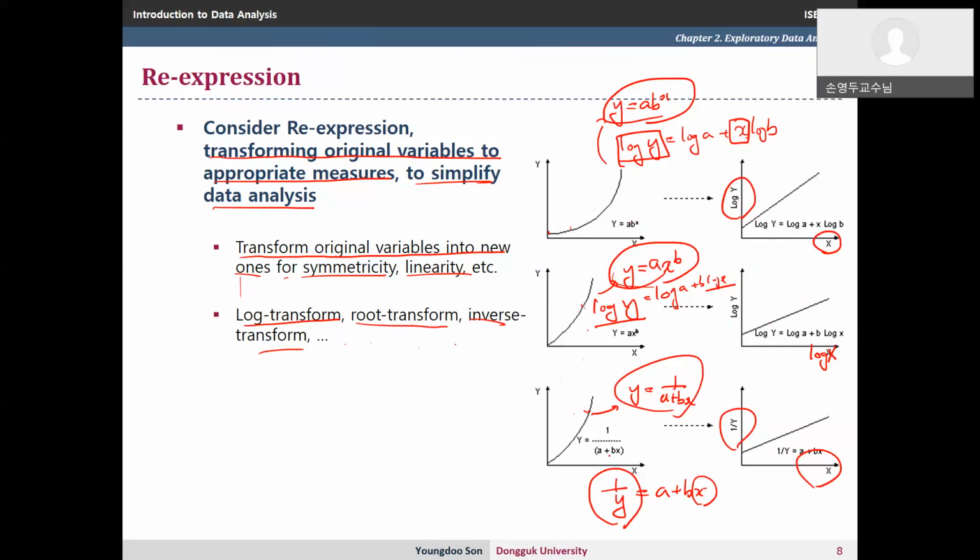And for the third one, if we take the inverse of y, then we have a linear relationship between 1 over y and x. So we can easily distinguish the form of the equation for each graph.